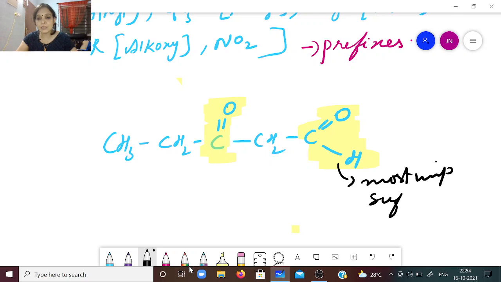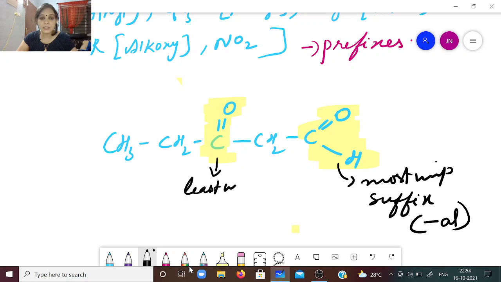So this is suffix. And if it is suffix, it should be used as AL because it is aldehyde. And this is least important, and this is prefix. And if it is prefix, it will be oxo.